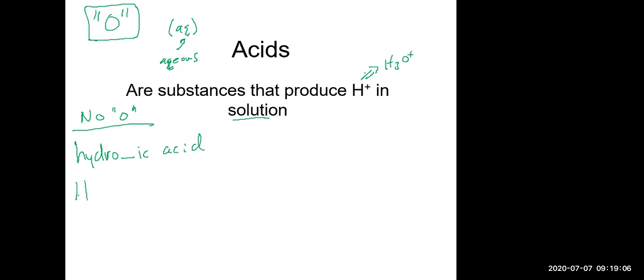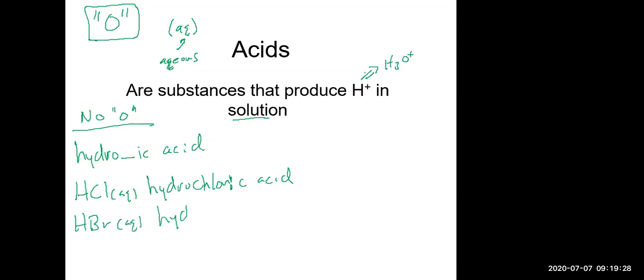So if we take HCl with the aqueous next to it, this has no oxygen, so this would be hydrochloric acid. If I had HBr with the aqueous symbol, this would be hydrobromic acid.